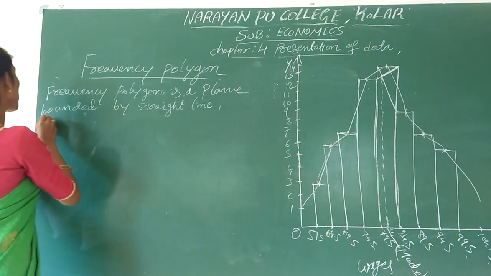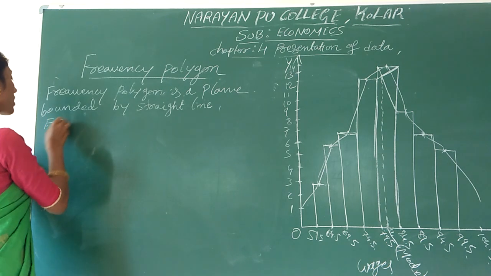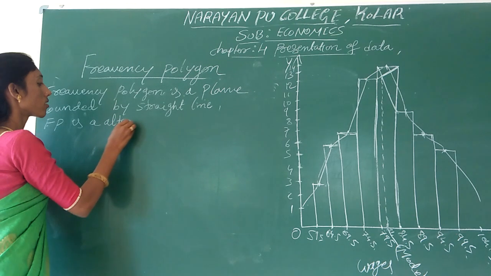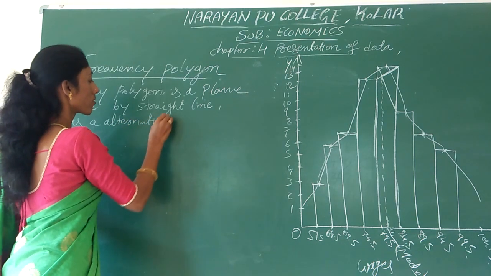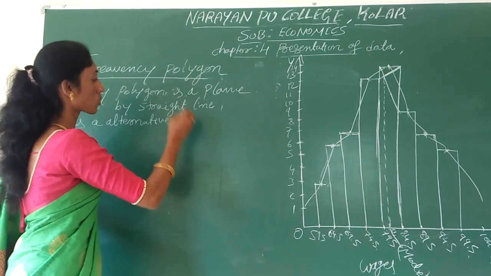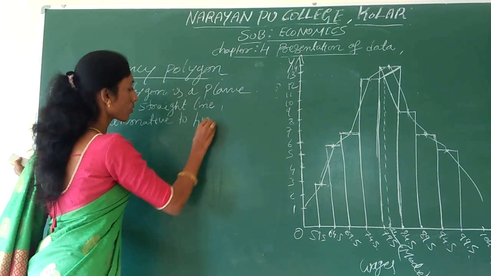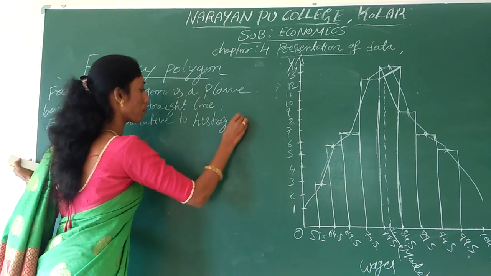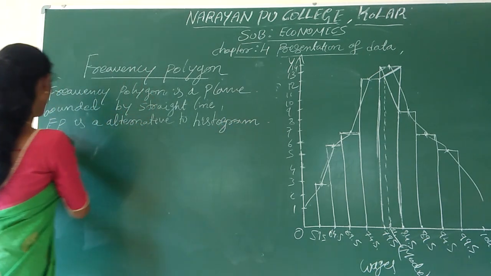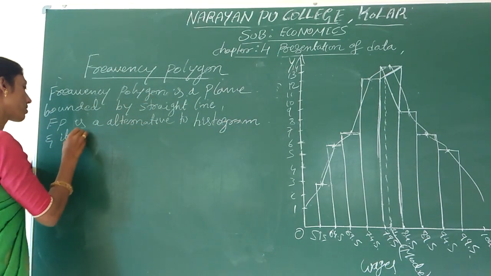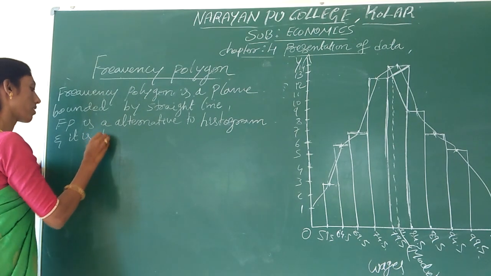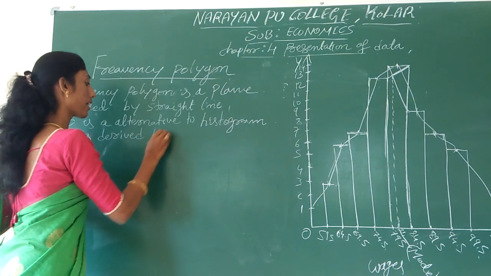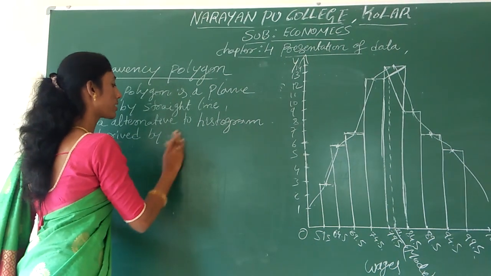And frequency polygon is an alternative to the histogram. And it is derived by the histogram itself.